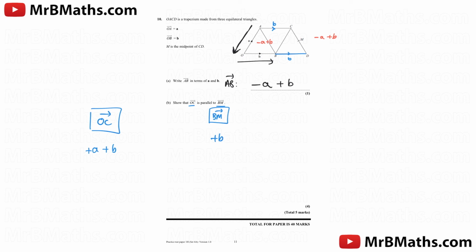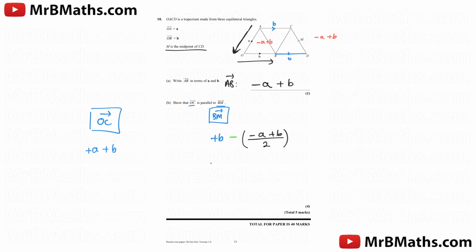So what we're going to end up with is plus b, which I've written already, then minus (a plus b) over 2. Now where did the over 2 come from? Well, it said at the beginning that M is the midpoint of CD. Minus a plus b is for the entire length. I only want half of it, so that's why I've got the half here.